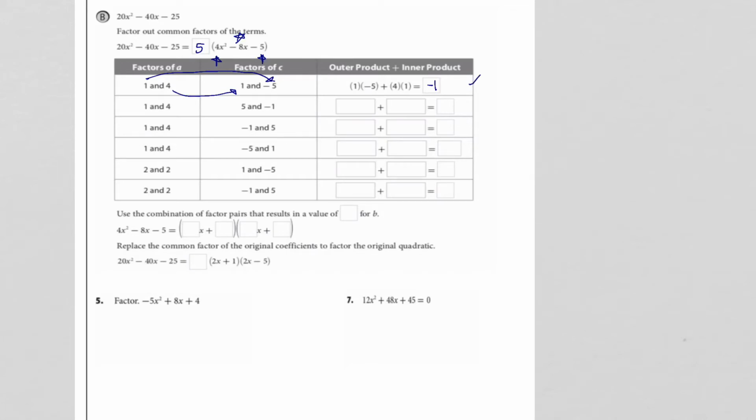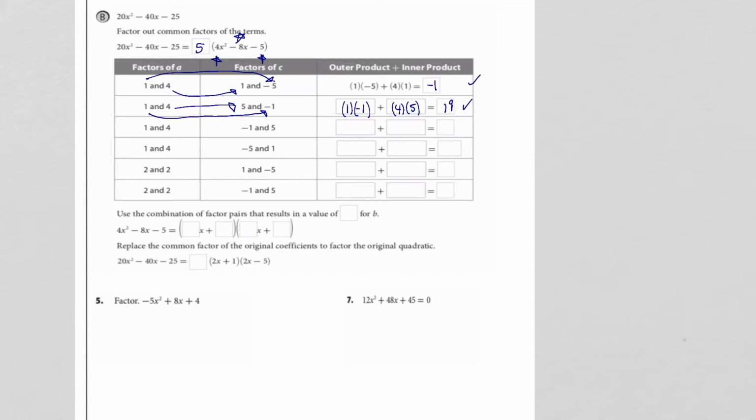We've checked this pair. Now, what if we switch them around? 1 and negative 1, 4 and 5. So you get 20 minus 1, which is 19. We've checked it. It's not negative 8.